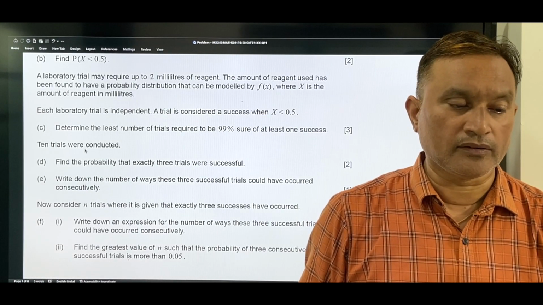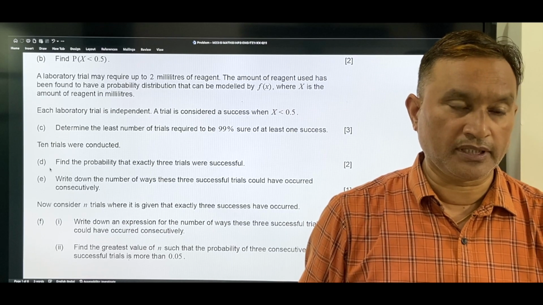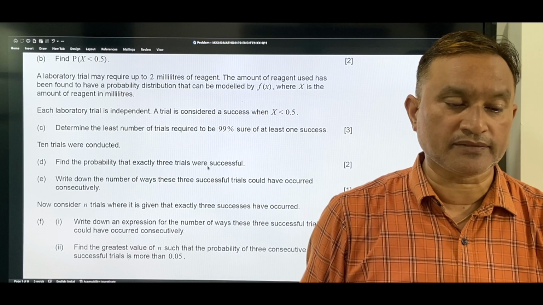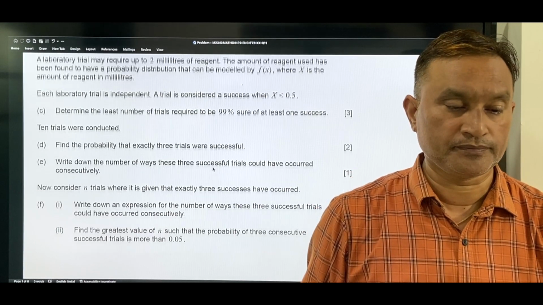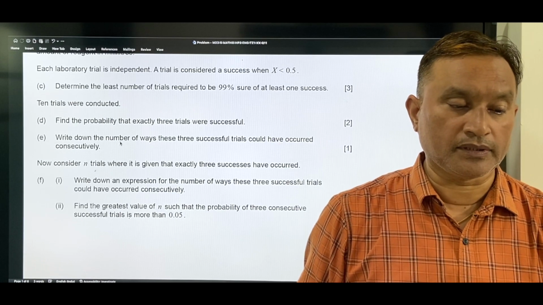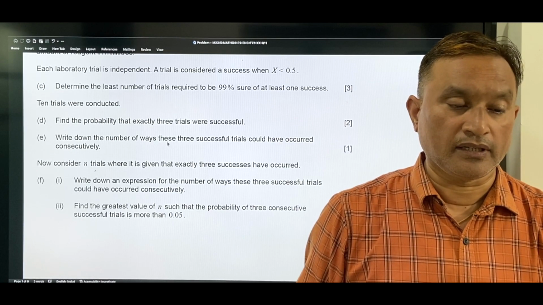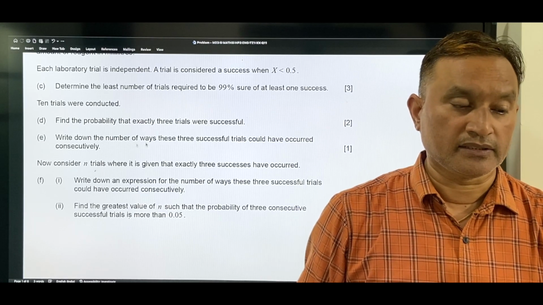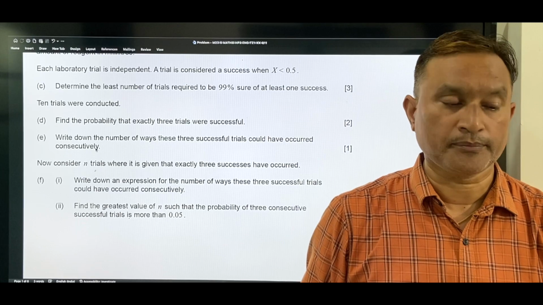10 trials were conducted. D part, find the probability that exactly 3 trials were successful. E part, write down the number of ways these 3 successful trials could have occurred consecutively.